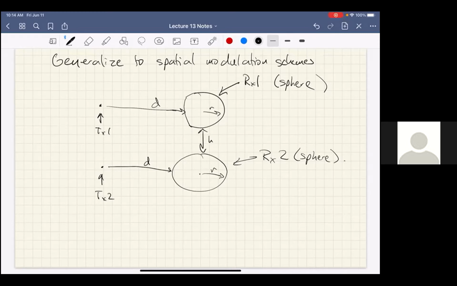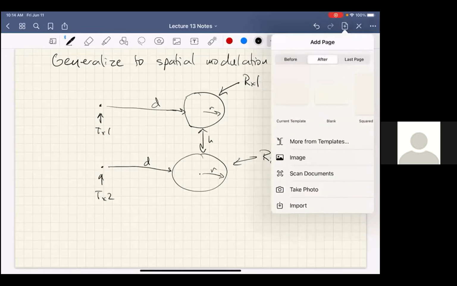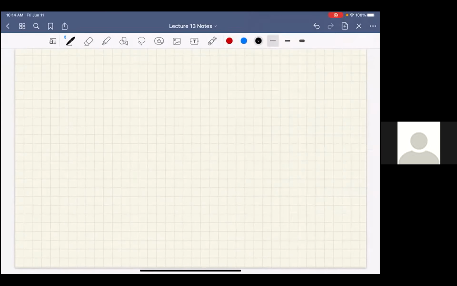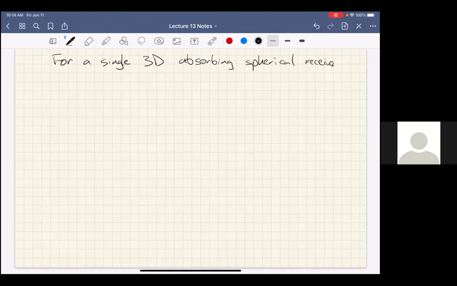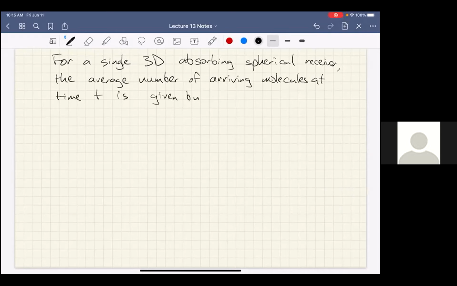Okay, so in this circumstance, it has been shown, we will not show, but for a single 3D absorbing spherical receiver, the average number of arriving molecules at time t is given by, and again, I will draw the environment here.